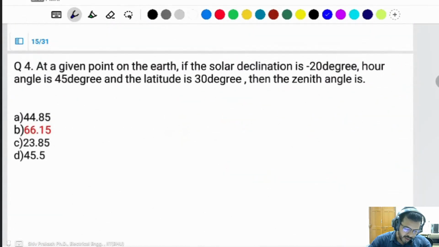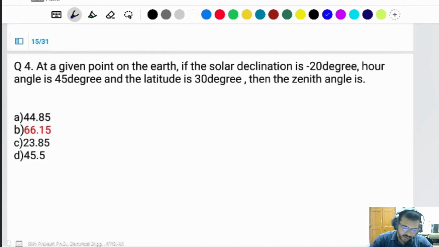At a given point on the earth, if the solar declination is minus 20 degree, the hour angle is 45 degree, and the latitude angle is 30 degree, then the zenith angle is? Then calculate this one.